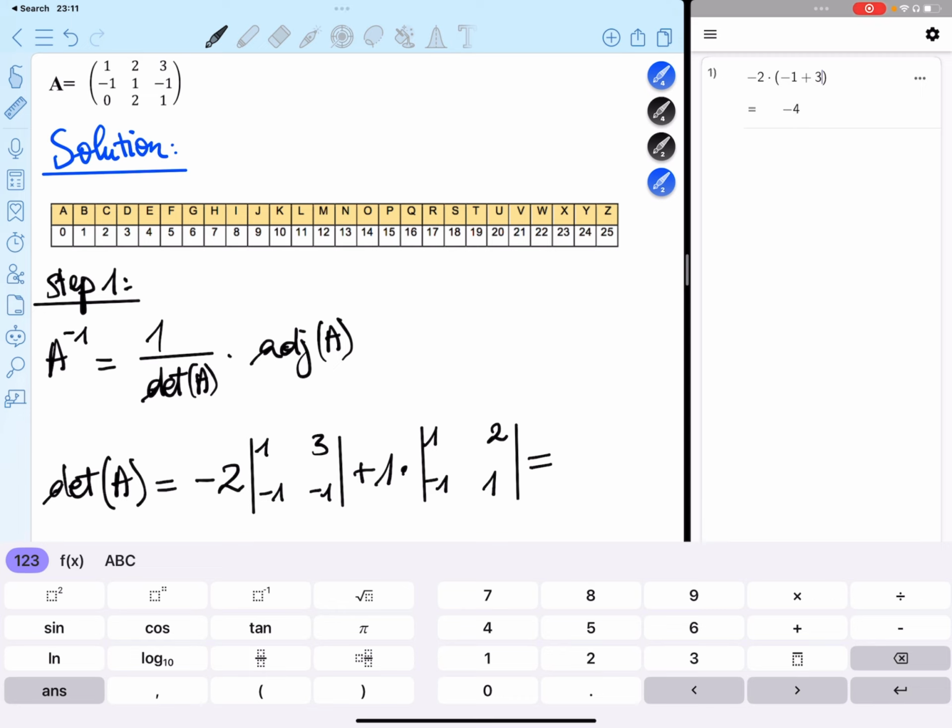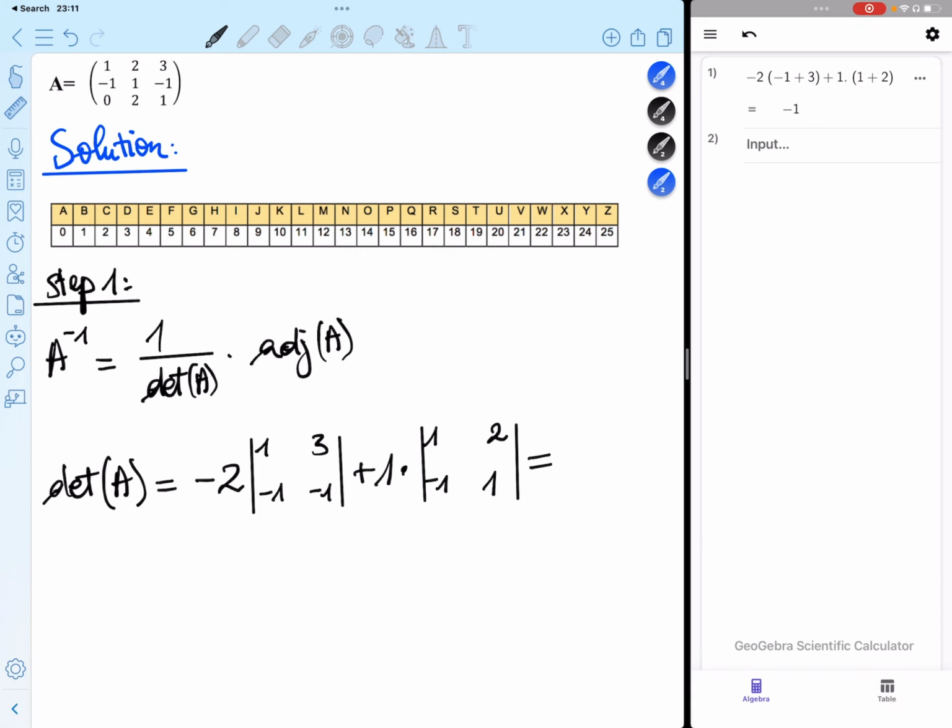That would be minus 4, right? Then plus 1 times open bracket 1 minus minus 2, which is plus 2. And we can see that the determinant is minus 1, right? So the determinant is minus 1.